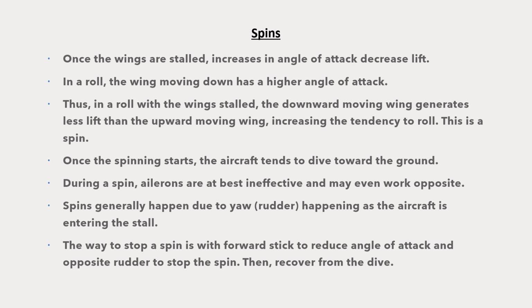But actually you need to push the stick forward in order to reduce the angle of attack and get the aircraft out of the stalled condition. And then you need to use the rudder to stop the spinning motion. Your intuition is to use the ailerons, but they're not very effective. You have to use the rudder. Once you've recovered from the spin, then it's time to recover from the dive that you're in.